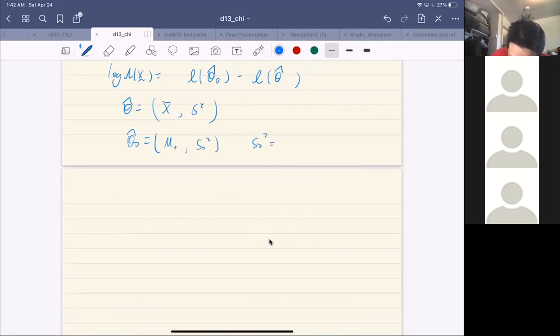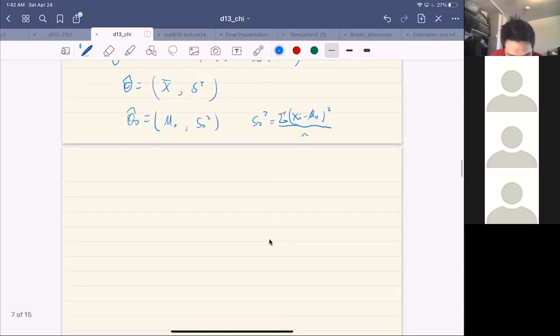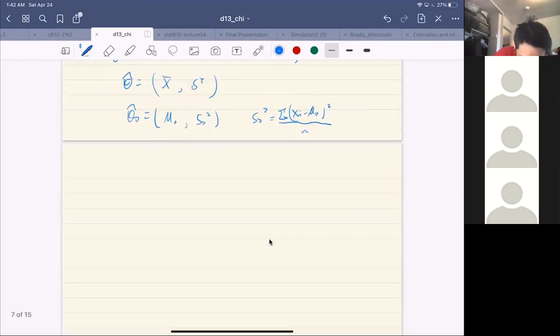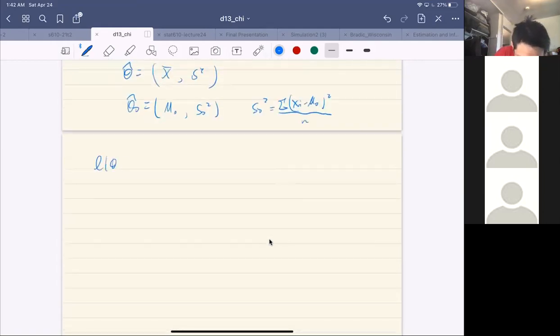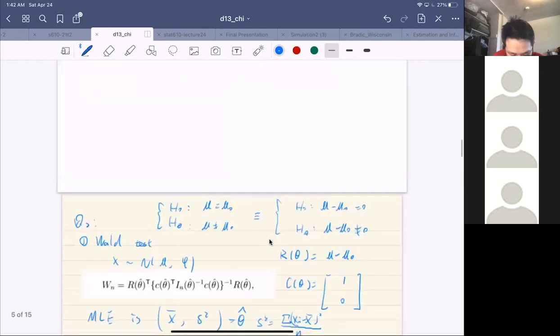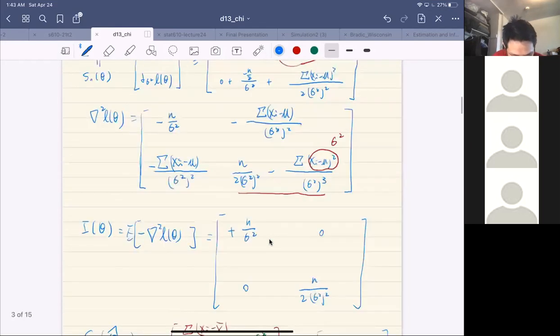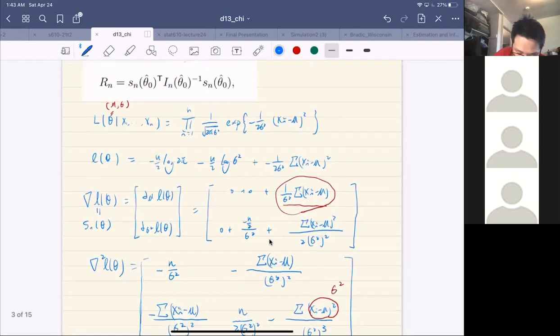And S naught squared will be the sum of X_i minus mu naught squared, divided by n. Then we plug in these two estimates into the log likelihood function. And L theta will be, I think we have this in question 1. It's this.